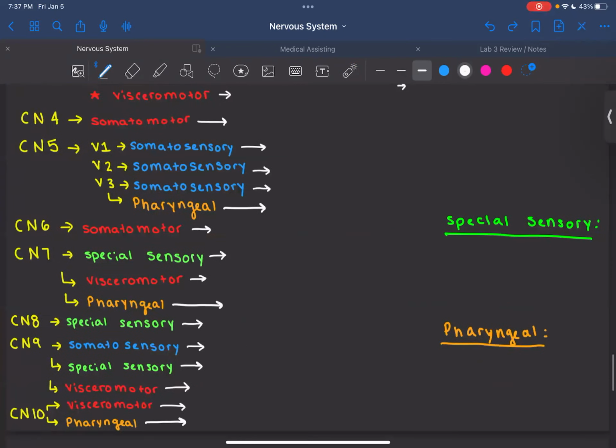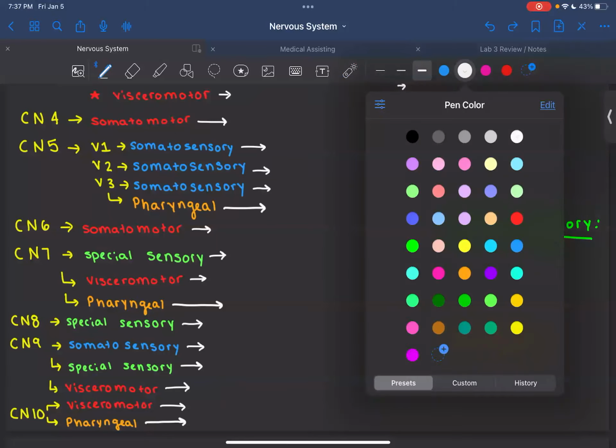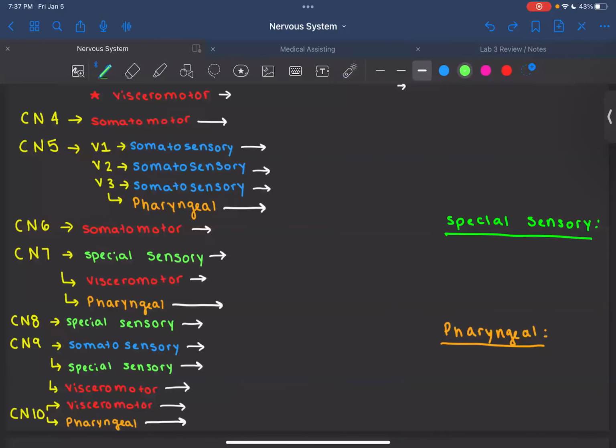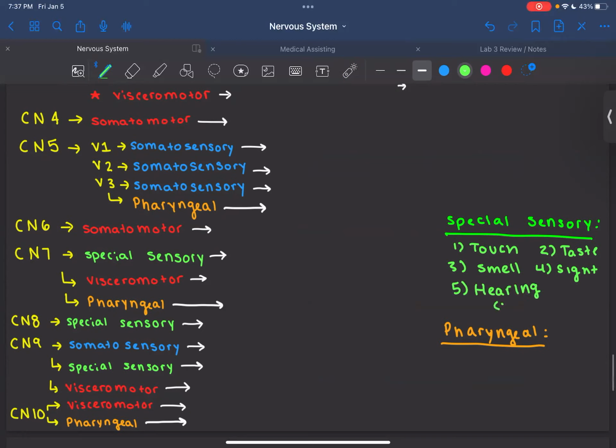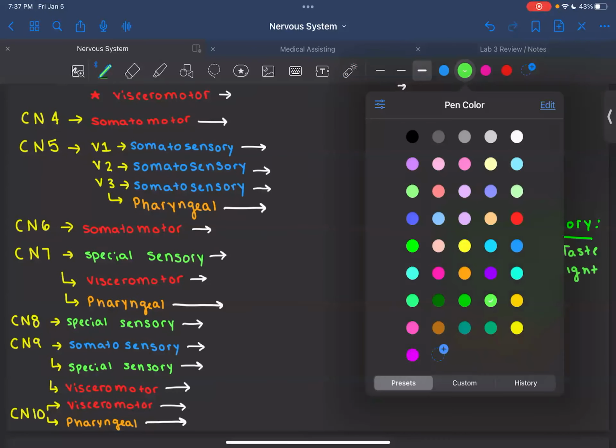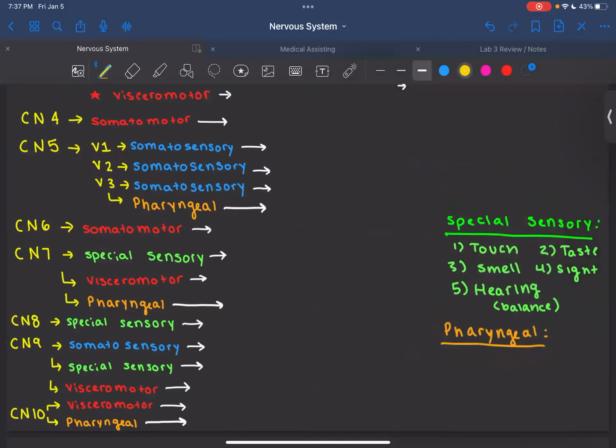So special sensory is just going to be the innervations for the 5 special senses. So we have touch, taste, smell, sight, and then hearing. Balance can also be included in this. Okay, so that one's pretty self-explanatory. It's just the five senses.